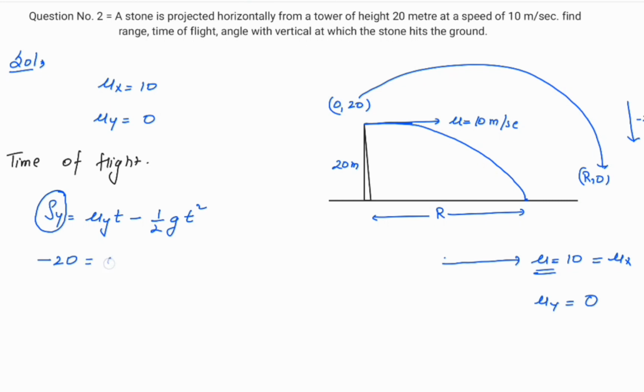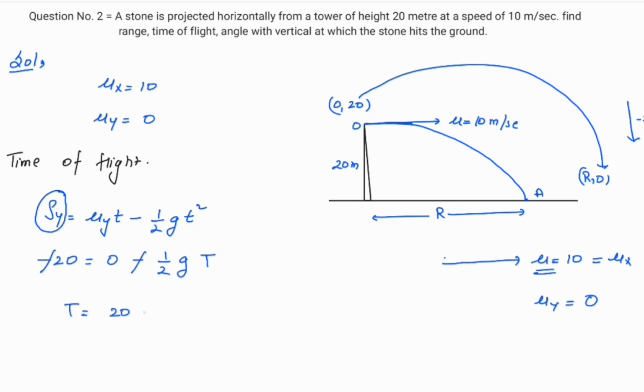What is the u of y? It is 0, because at the initial condition the vertical component of velocity is not present. Minus half g t square. Suppose capital T is the time taken by the projectile to reach from point O to A. Then the minus minus got cancelled.